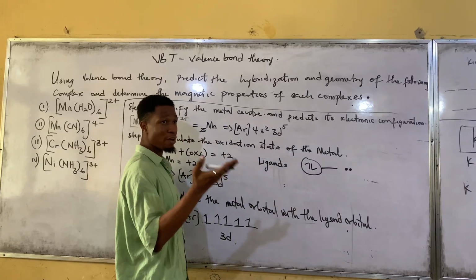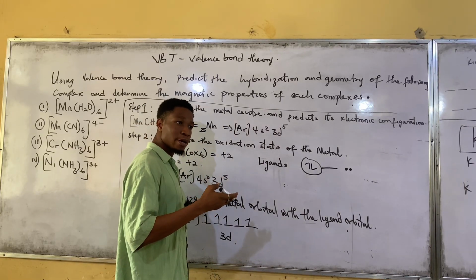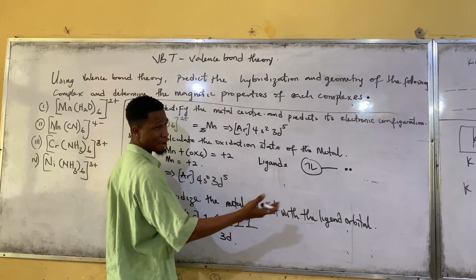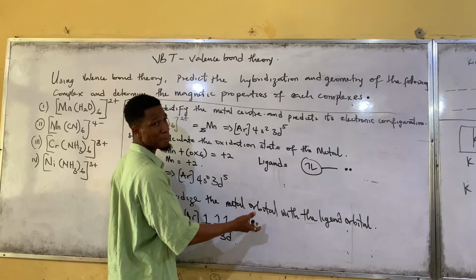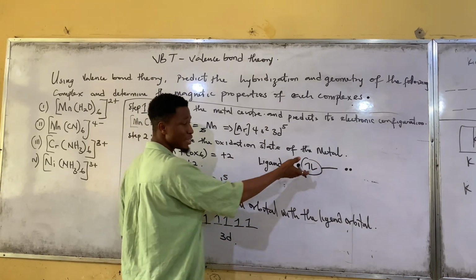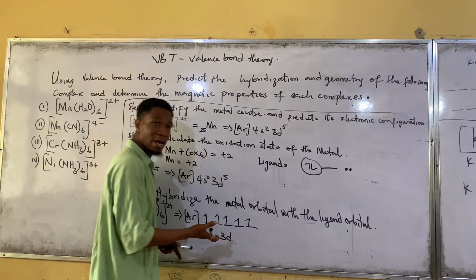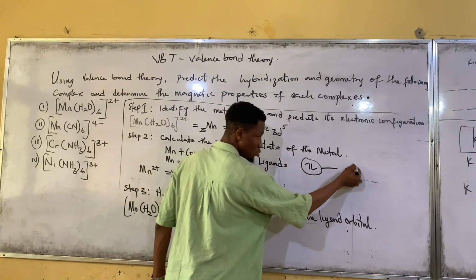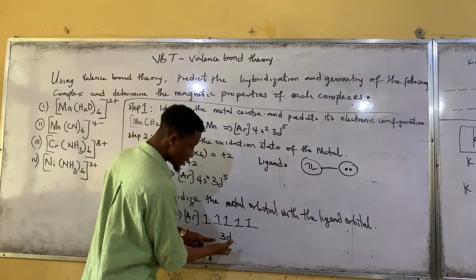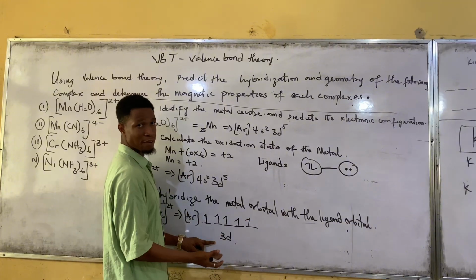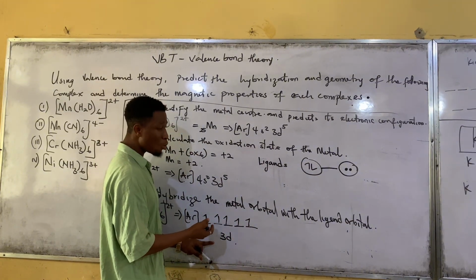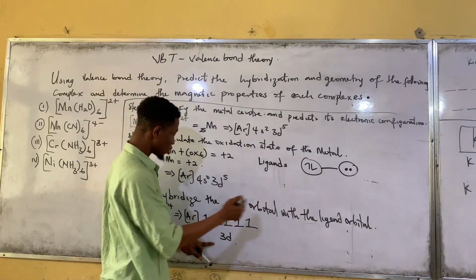If I had 2 different markers, I'd use black to represent the metal electron and red to represent the ligand electron. But now I don't have 2 different markers, so the best thing to do is to use dots to represent it. So this is 3d. As you can see, this 3d already has 5 electrons, meaning that I cannot put 2 in anywhere here, can I? So what will I do? I'll open the next empty orbital, which is what?